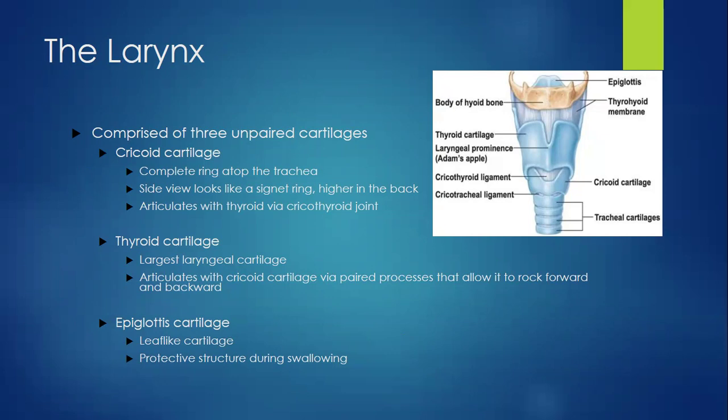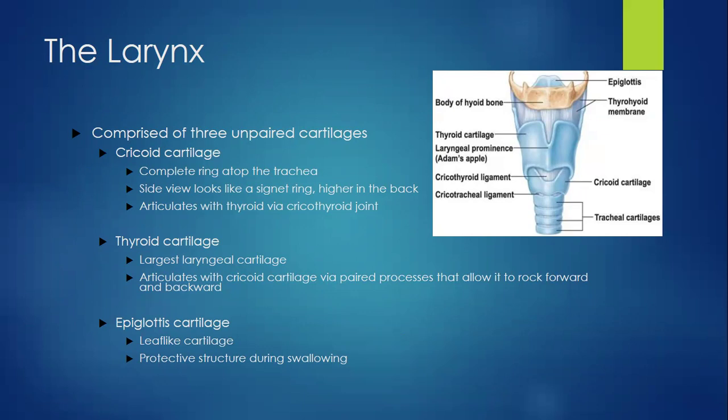Okay. The next unpaired cartilage is the thyroid cartilage. This is the largest laryngeal cartilage. And what you probably remember about it from your anatomy class is the laryngeal prominence, what we call the Adam's apple.